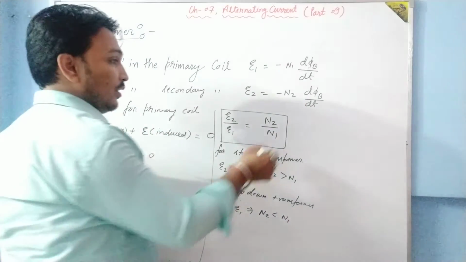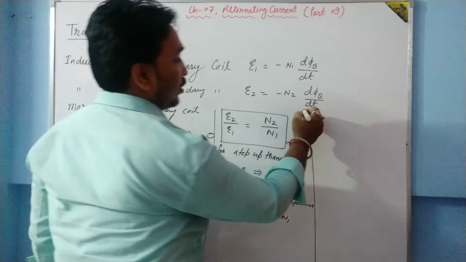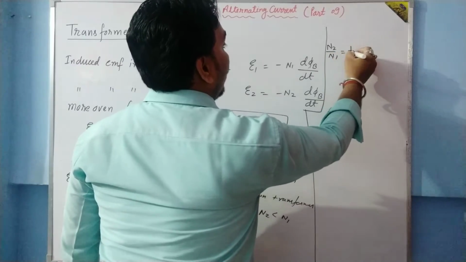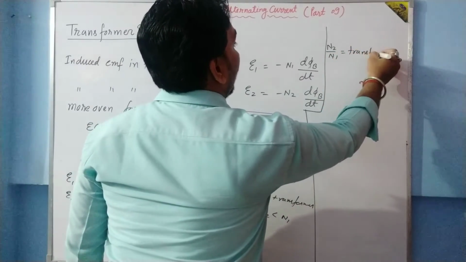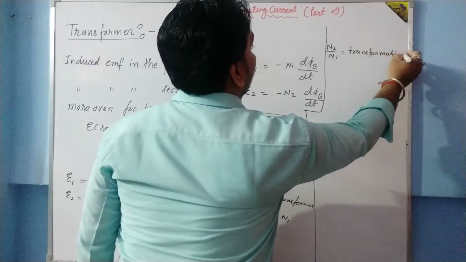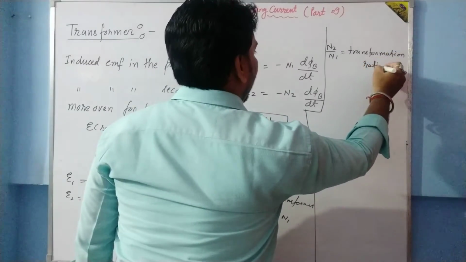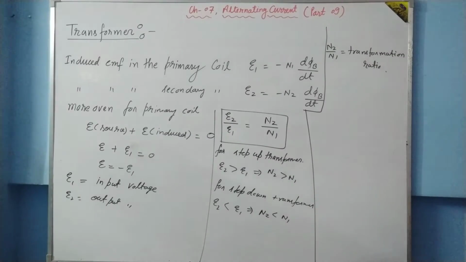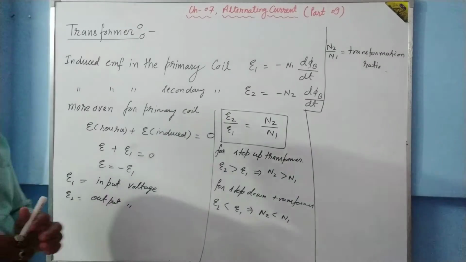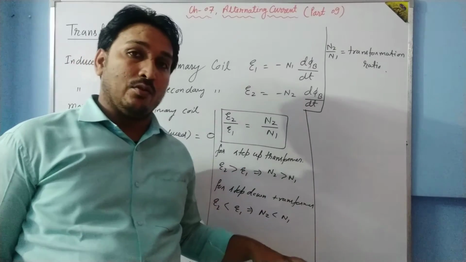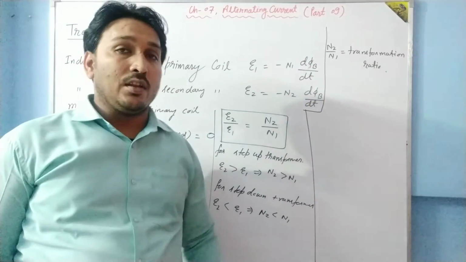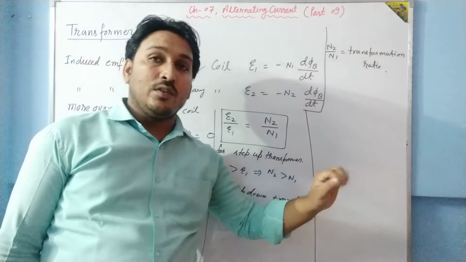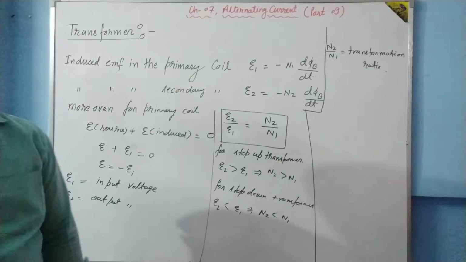So this is the principle, and that's why this ratio N2 upon N1 is called the transformation ratio. It tells us which transformer is of what type. Is it step up or is it step down? If N2 upon N1 is greater than 1, then it is a step up transformer. If N2 upon N1 is less than 1, then it is a step down transformer.